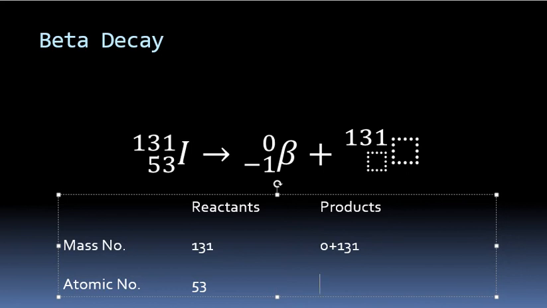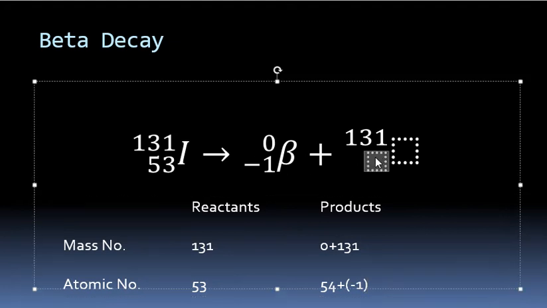Now, we need to come up with a number that when you add -1 to it, it becomes 53. Or effectively, what plus -1 equals 53? Well, 54 plus -1 would equal 53. Therefore, our missing number is 54.